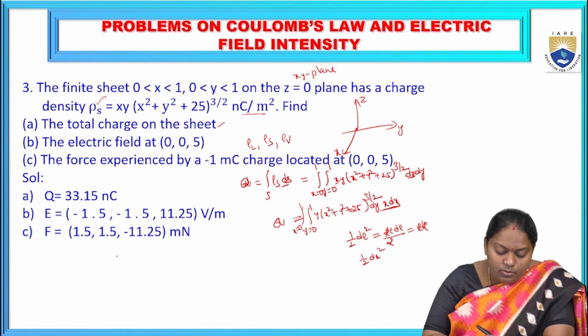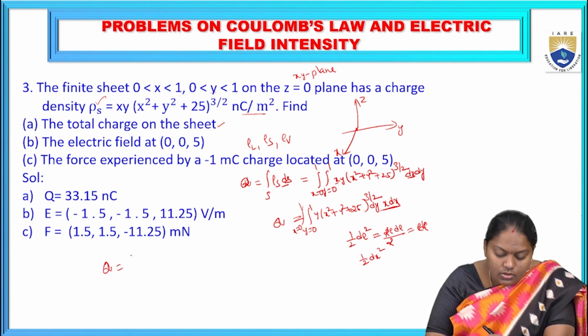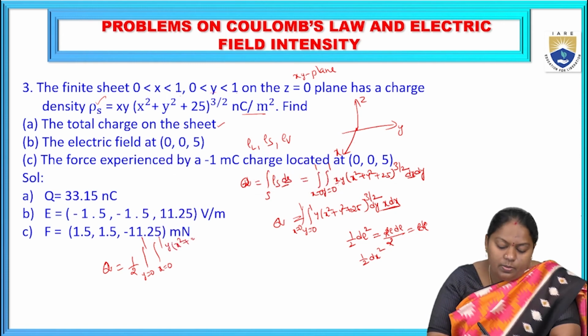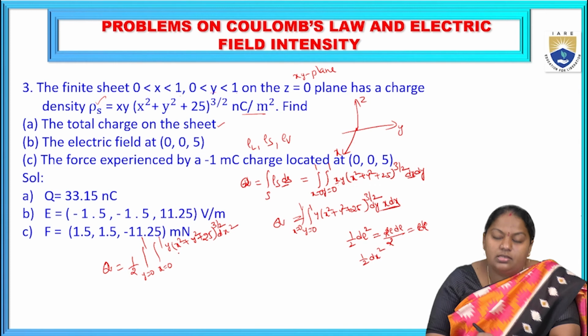So from that we will be calculating, then q equal to 1 by 2 integral y equal to 0 to 1, integral x equal to 0 to 1, y into (x square plus y square plus 25) whole power 3 by 2 into x dx, which can be written as half, already we have written, that is d of x square.